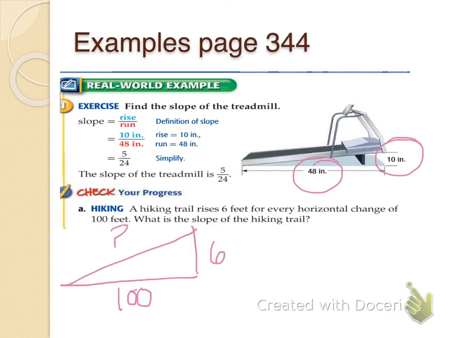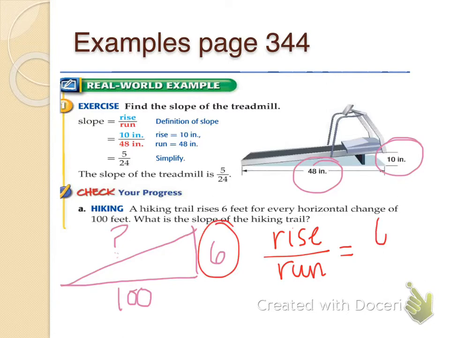We want to know what is the slope of this hiking trail. So looking at this, we know that slope equals rise over run. The rise of this would be 6, and the run would be 100.